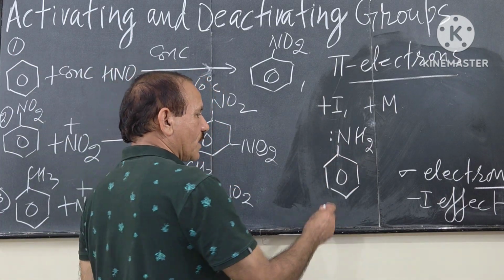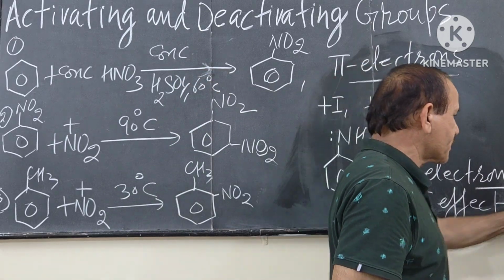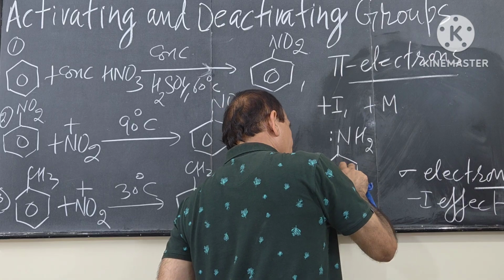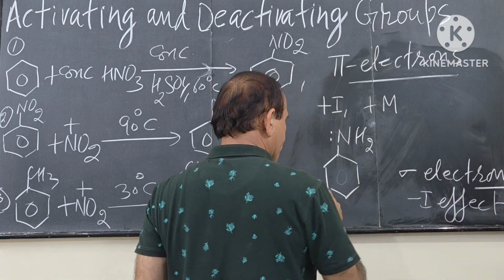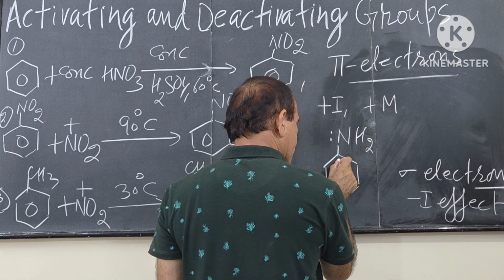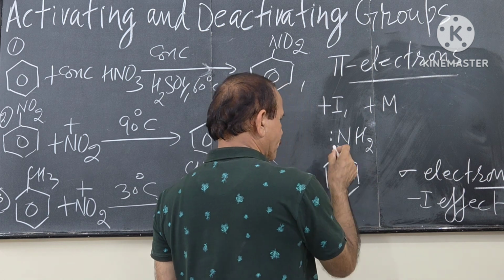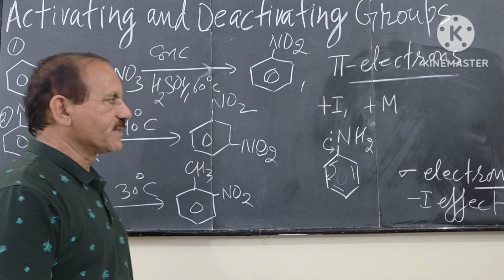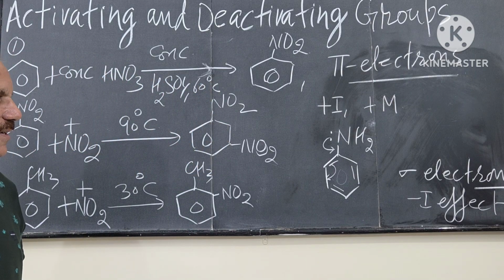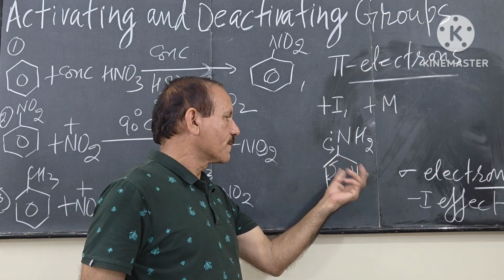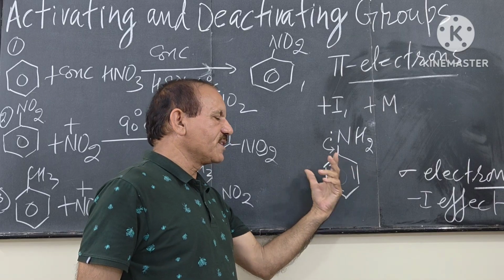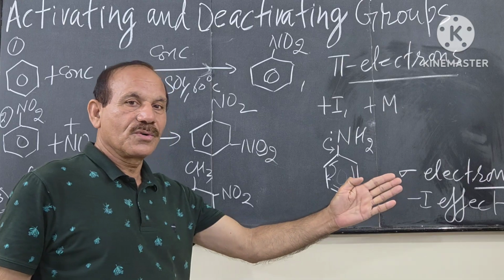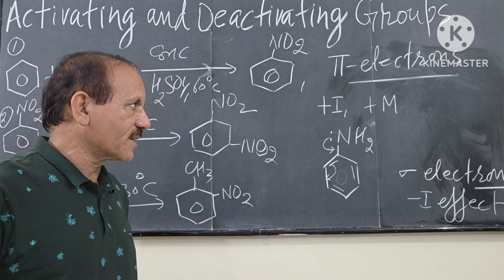But it gives its lone pair to the benzene ring, and hence the availability of the pi electrons on the benzene ring increases, and NH2 activates the benzene ring.